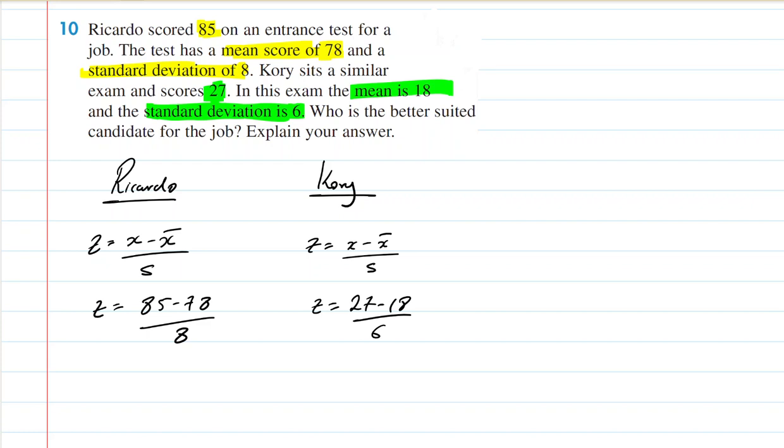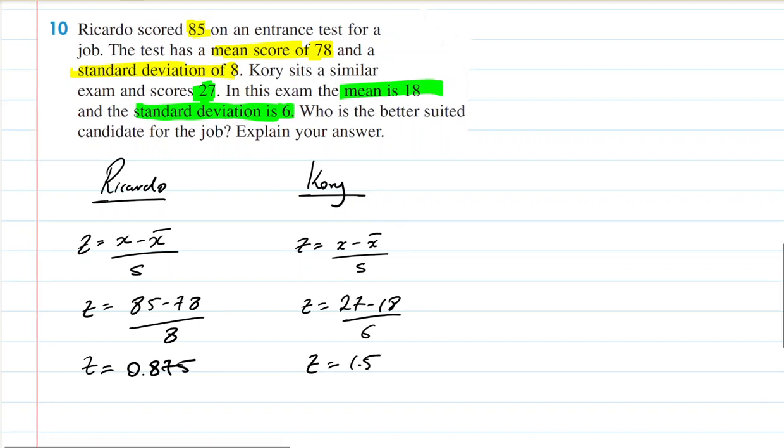What I then get is 1.5 for Corey, and for Ricardo 0.875. So who's the better candidate?